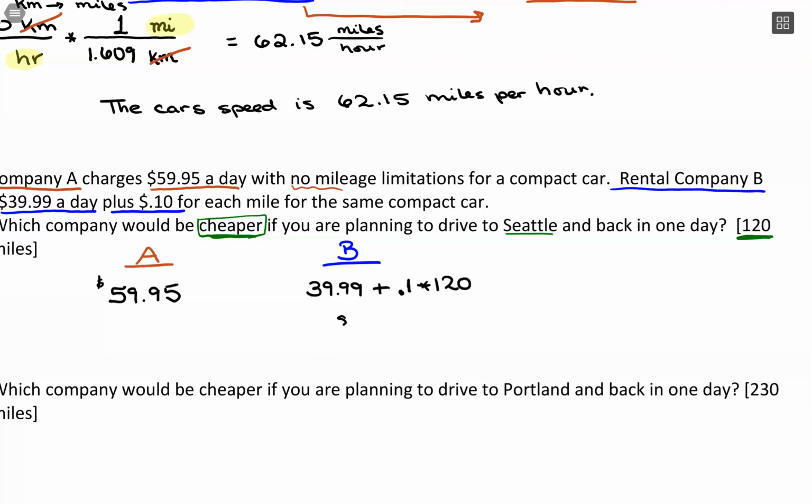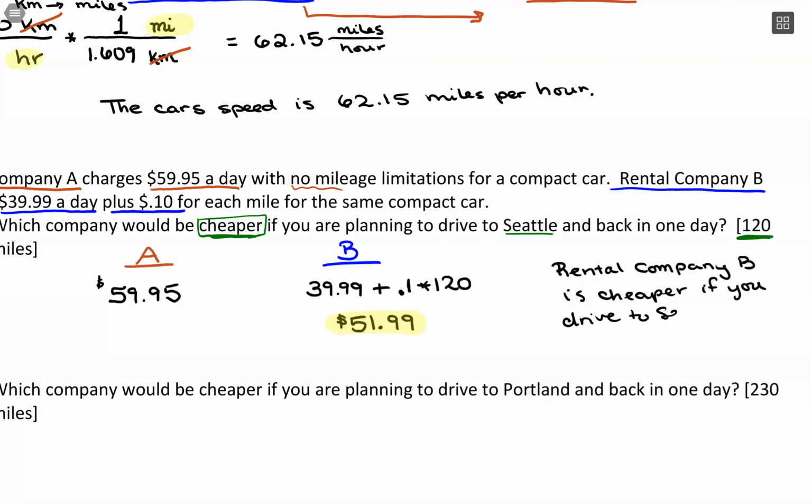If we put that in a calculator, it'll be $51.99. So in terms of a comparison of which is cheaper, it would be rental company B. Rental company B is cheaper if you drive to Seattle and back in one day.